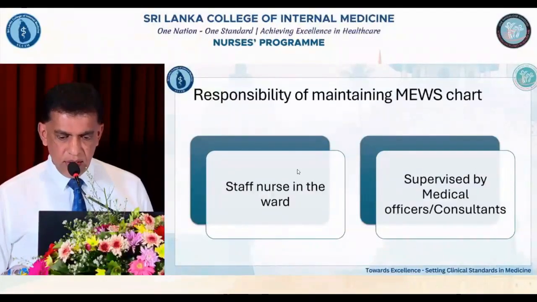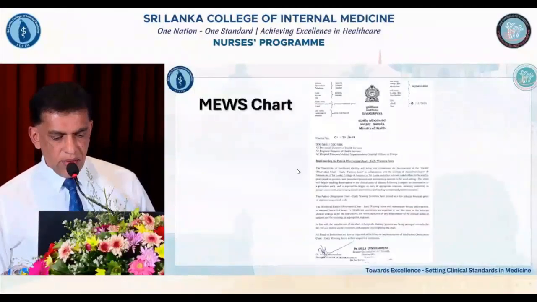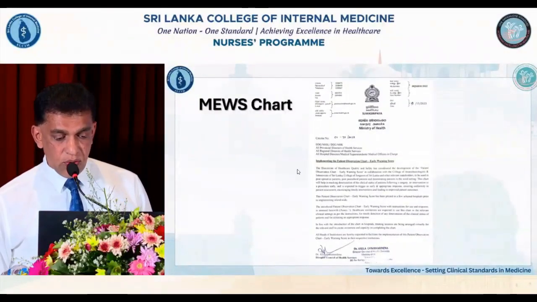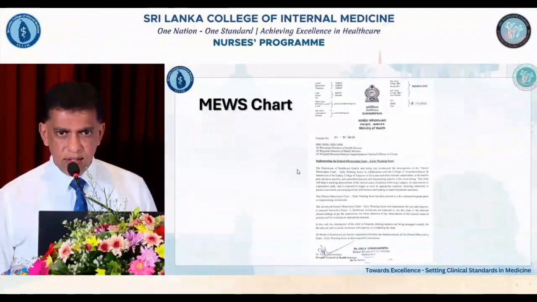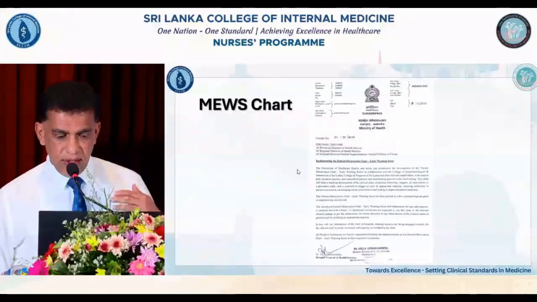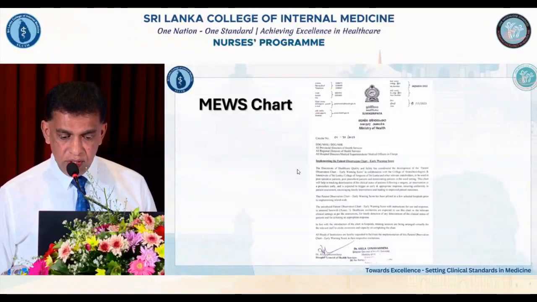So this is the circular which was released in 2013, and it had instructed all the institution heads to implement the MEWS chart, but unfortunately this had not been implemented in some centers, but we're really happy that it's been acted upon in most of the centers.